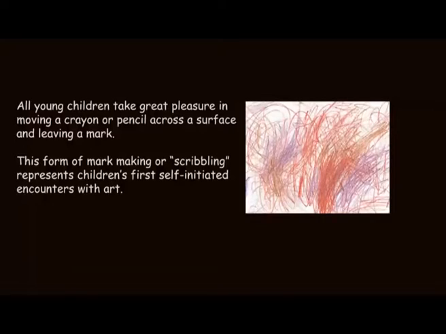Anything can be a surface, and that is why toddlers or very young kids with crayons and markers can create havoc in their house. But this form of mark making or scribbling represents children's first self-initiated encounters with art.